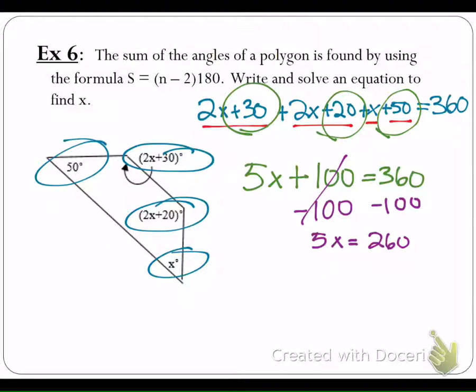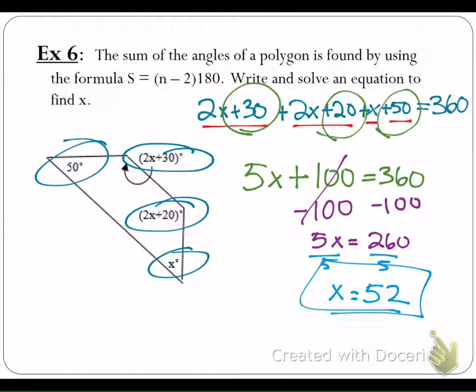Okay, divide by 5, divide by 5. Anyone know? 52. Good. And the way you check this one is you can put 52 in for each of those x's and then add them all up and see if you get 360.